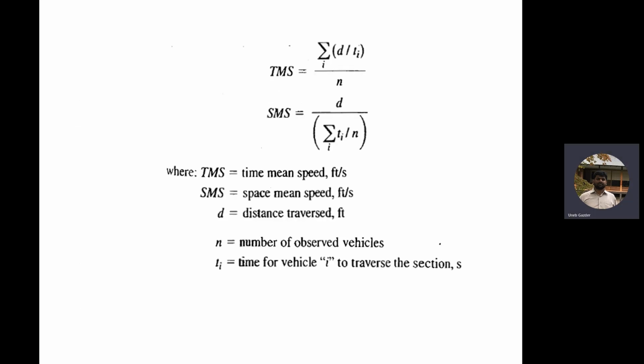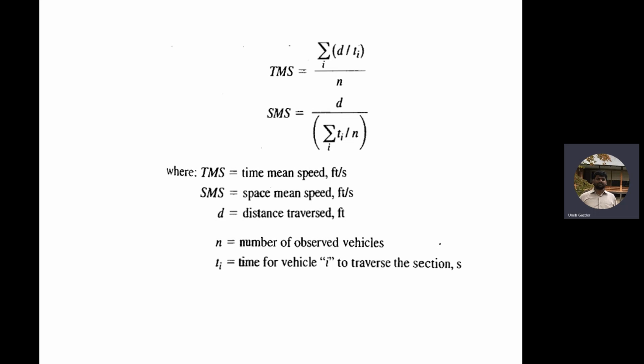In terms of their calculation, these are the equations. So for TMS, D upon T is what? The speed of one vehicle, right? Divided by N, which is the number of vehicles for which you found the speed. So summation of D upon T, upon N. In the second one, you can see D is constant. We are taking the average of what?